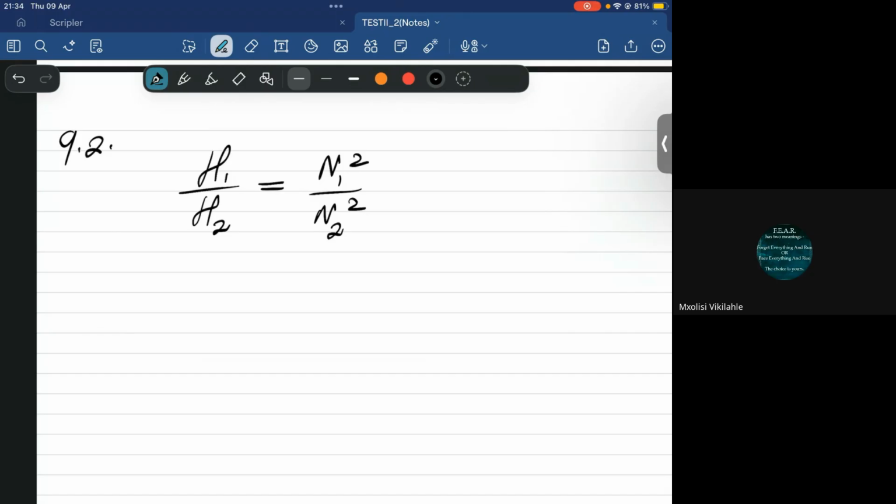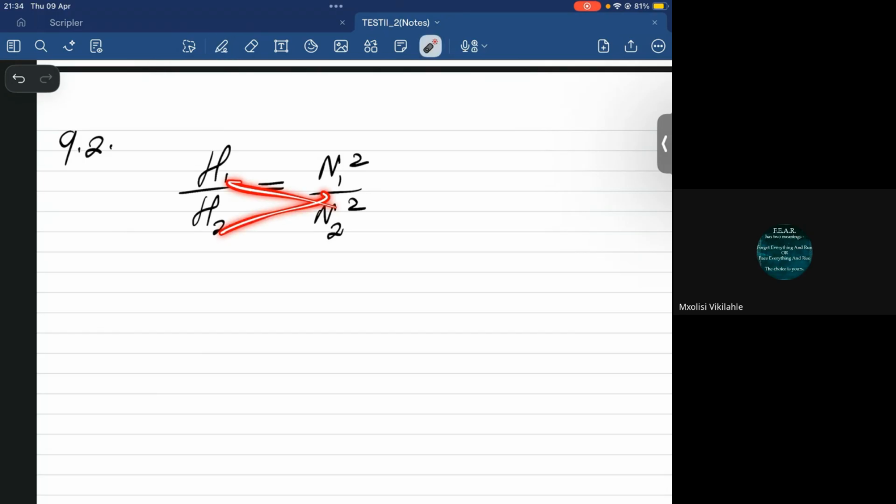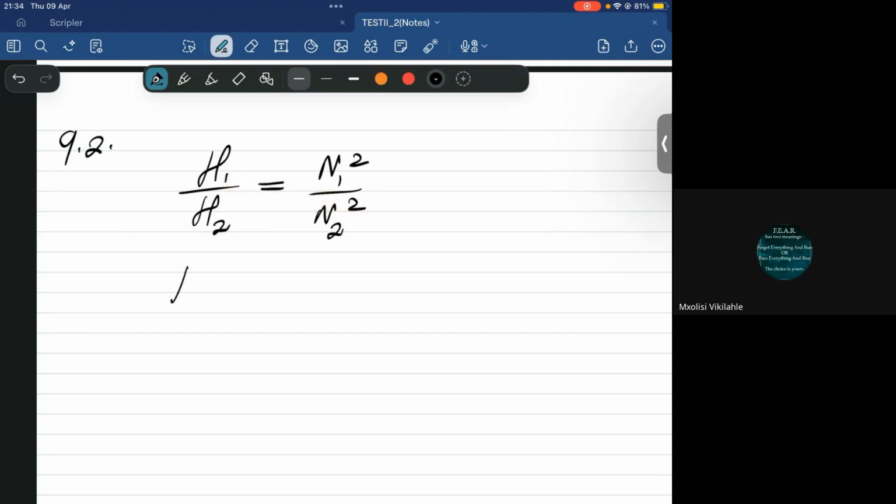Okay, so we're looking for the new head, meaning we'll have to cross multiply. This is the same as H2 N1 squared is equal to H1 N2 squared. We're looking for H2, so we divide both sides by N1 squared.